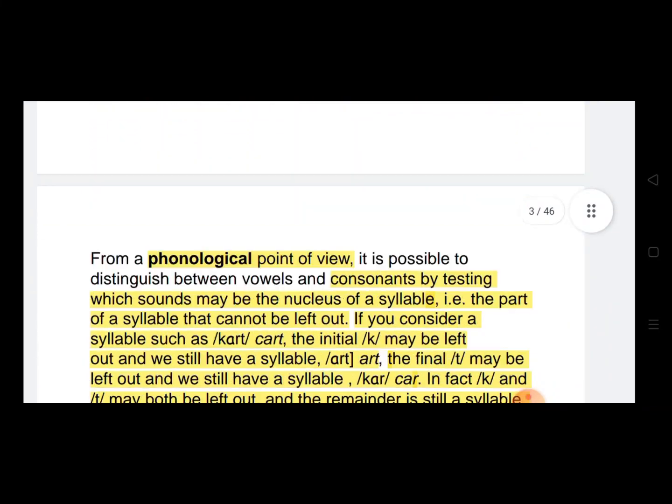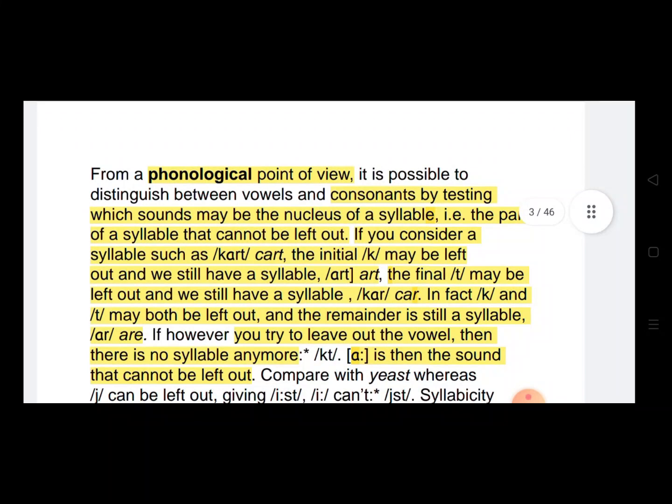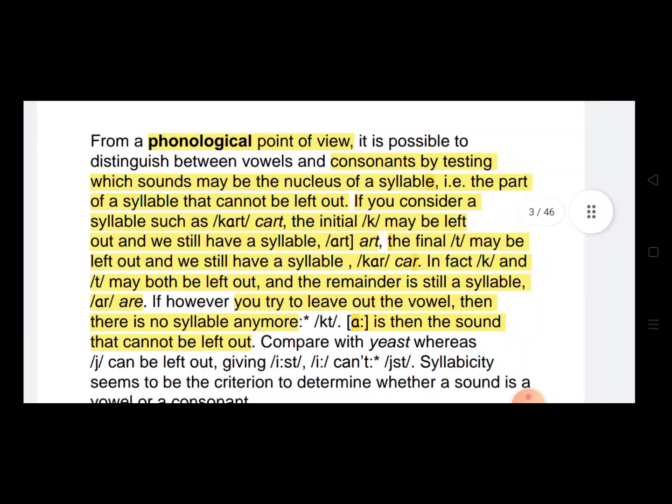From a phonological point of view, we test which sounds may be the nucleus of a syllable, which means the part of a syllable that cannot be left out. Nucleus means the central main part of the syllable.